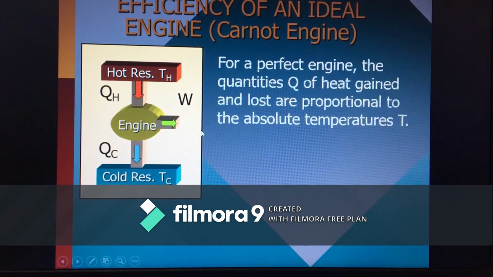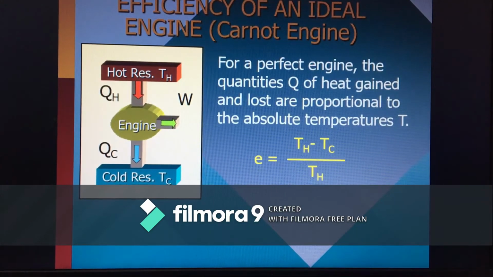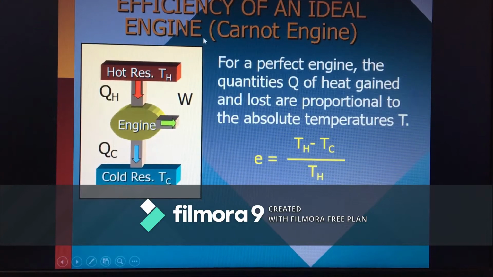Okay, now for a perfect engine, perfect means ideal engine. For a perfect engine, the quantities Q of heat gained and lost are proportional to the absolute temperature T. Proportional siya, class, absolute temperature T. Okay, next we have here the efficiency in terms of an ideal engine or Carnot engine.